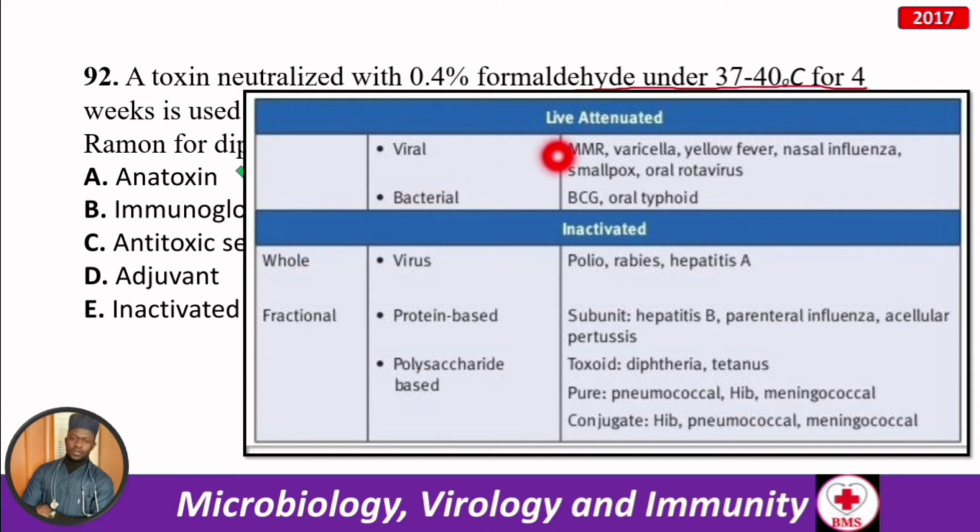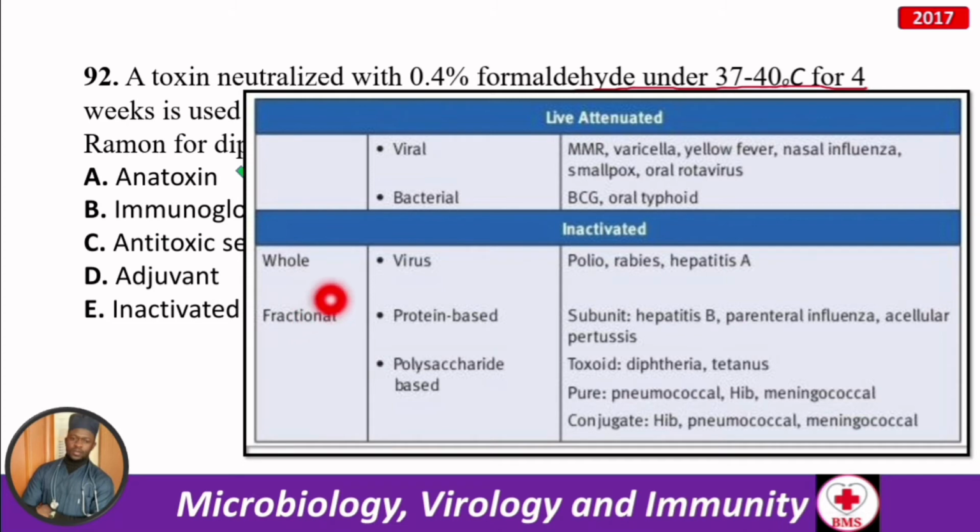Virals are measles, mumps, and rubella, varicella, yellow fever, nasal influenza, smallpox, and oral rotavirus, if you remember Rotarix and RotaTeq. Bacterial live attenuated are BCG for TB and oral typhoid. Then inactivated vaccines can either be whole or fractional.